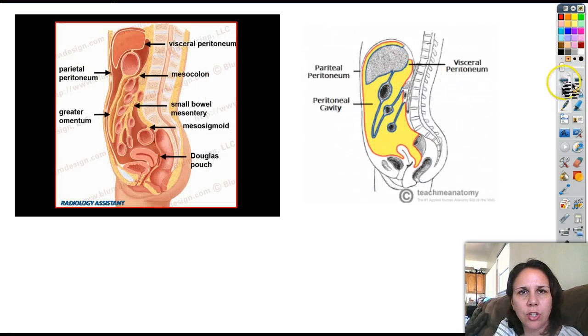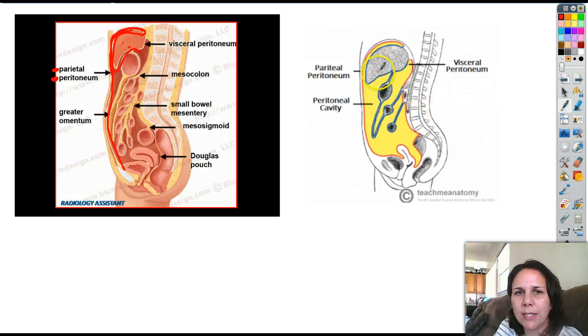Alright, and here's a few more pictures to describe it. So here's all your guts and everything on the inside. Around the outside, that is your parietal peritoneum. Parietal on the outside, peritoneum refers to your abdominal pelvic cavity. Now, if you notice, it kind of comes back around and lines the liver. And so this is your visceral peritoneum because it touches the organs.